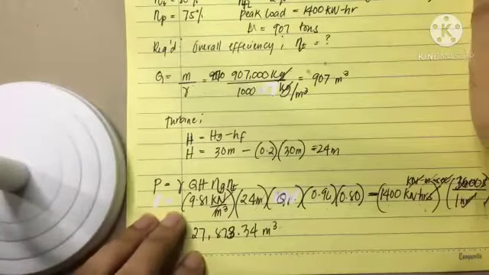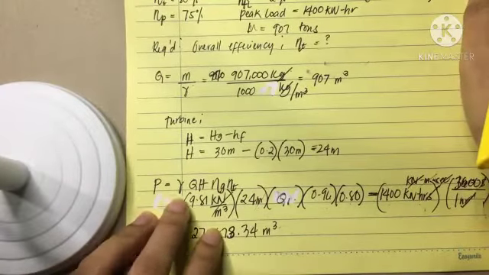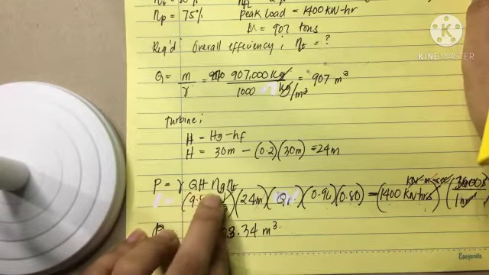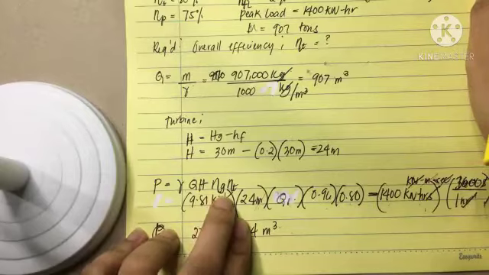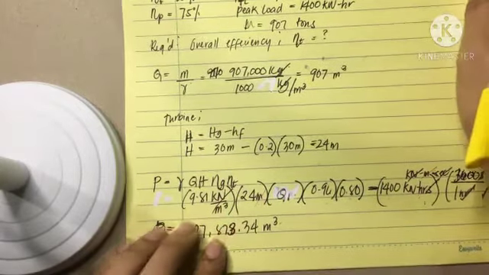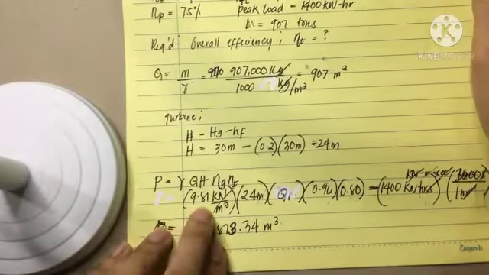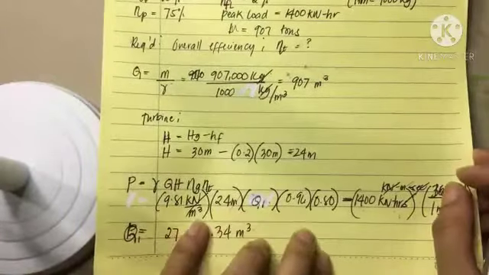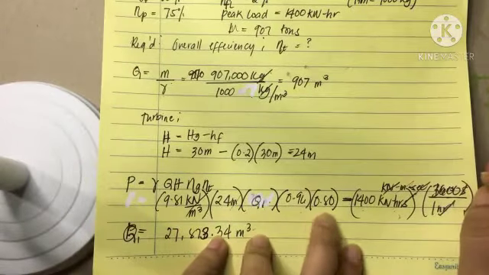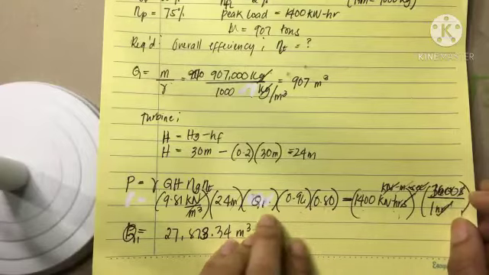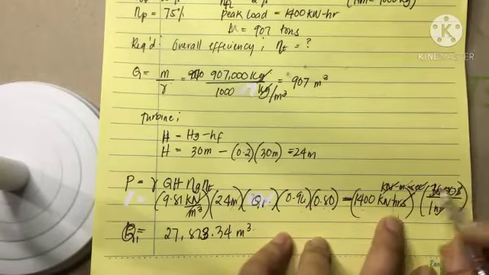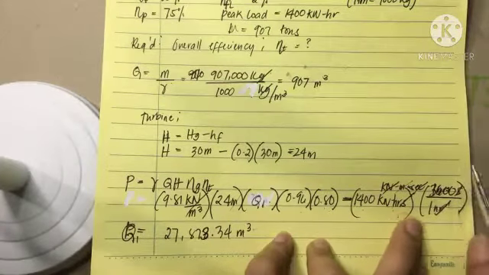So from the formula, output power is equal to specific weight times volume flow rate times height times generator efficiency times turbine efficiency. So 9.81 kilonewton per meter cube times 24 meters, your height, times Q1 times 0.96 times 0.80, your turbine efficiency, equals your 1,400 kilowatt hours.